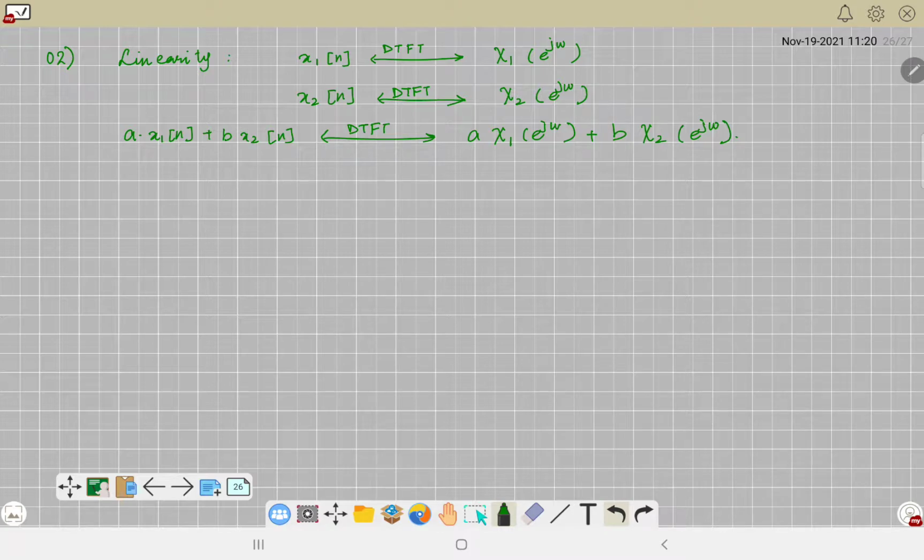So this is the linearity property. Again, you can just make the substitution and you will come up with this, so I'm not going for the proof here. You can use the same analysis that we did in the continuous time case.